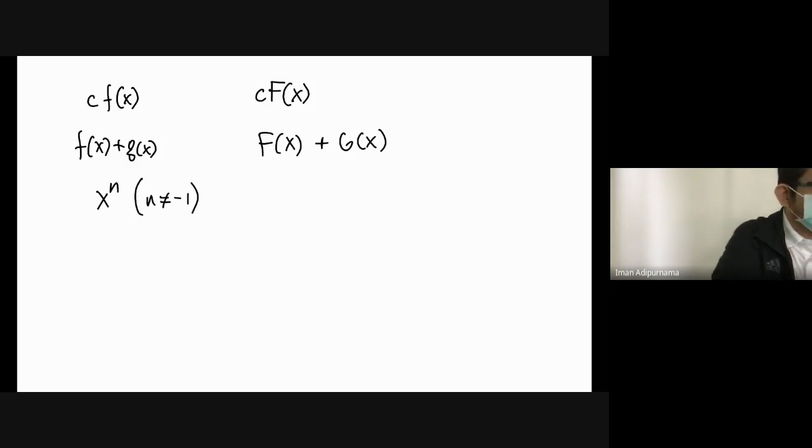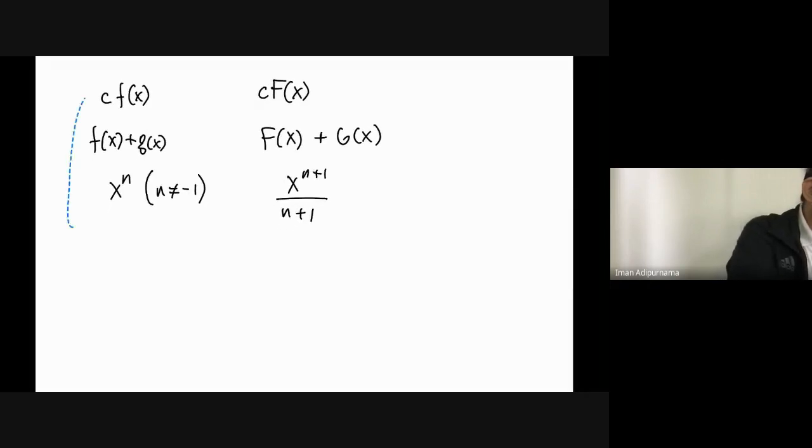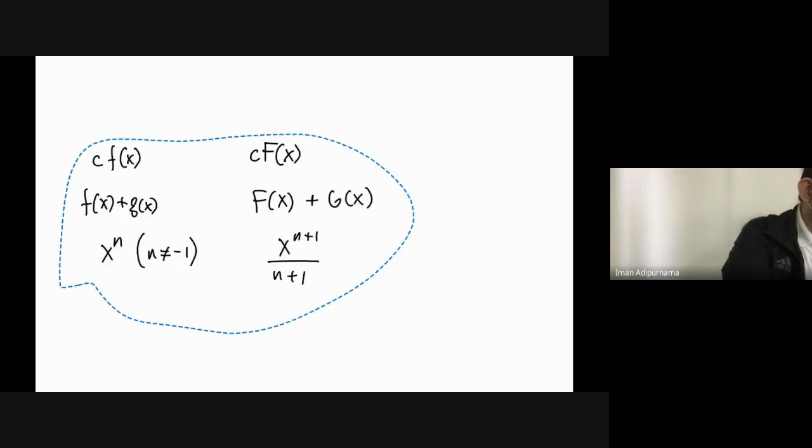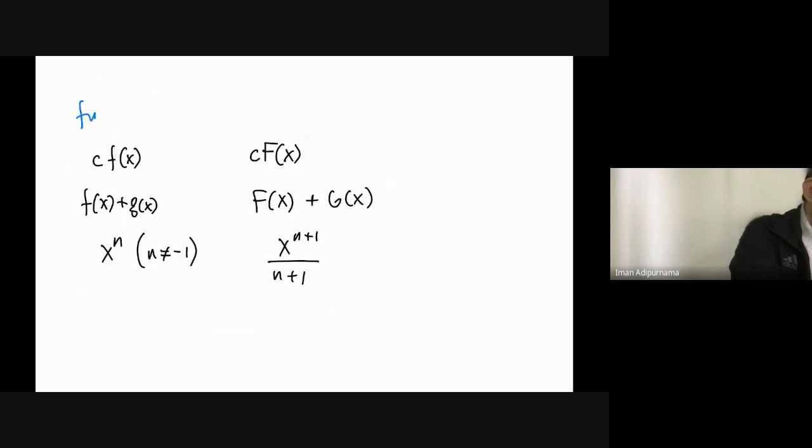And of course, this is just in general function terms. So this will be function and antiderivative.